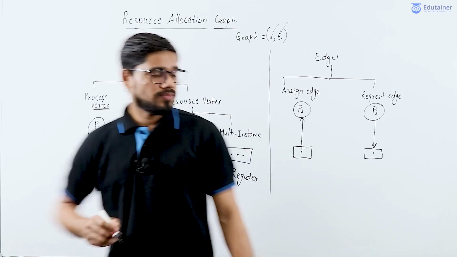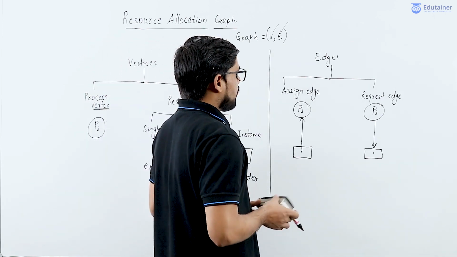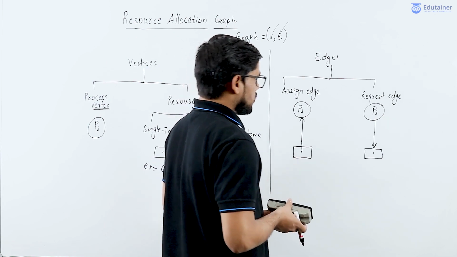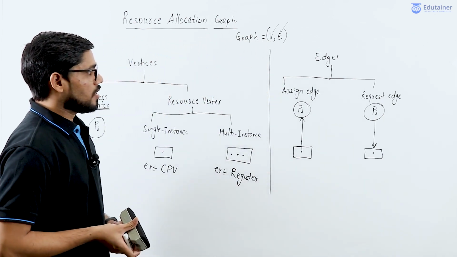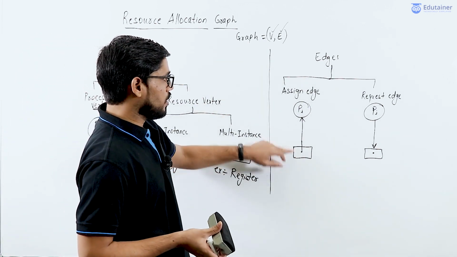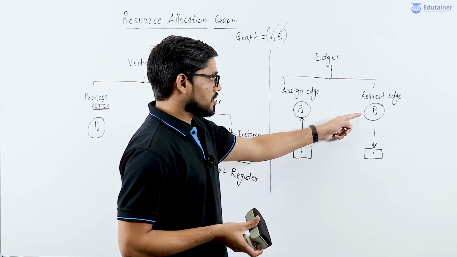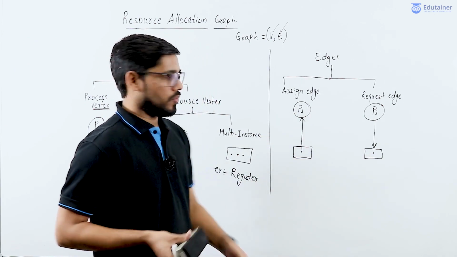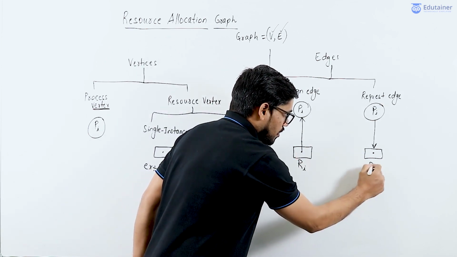Now let's go to the edge part. Edges are classified as assign edge and request edge. What do I mean by assign edge and request edge? An assign edge means the particular resource is assigned to the process Pi, and a request edge means the process Pi is requesting the resource Ri. You can think of it as register Ri here, and here also.